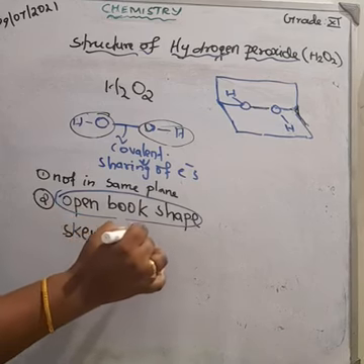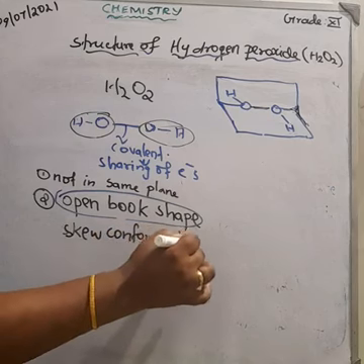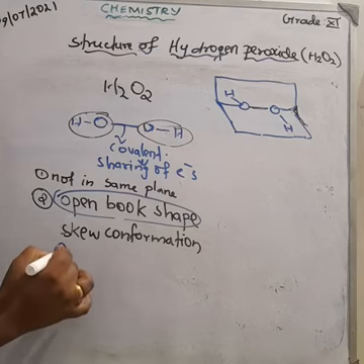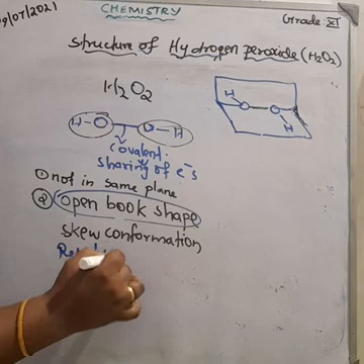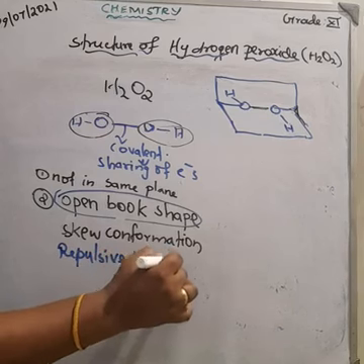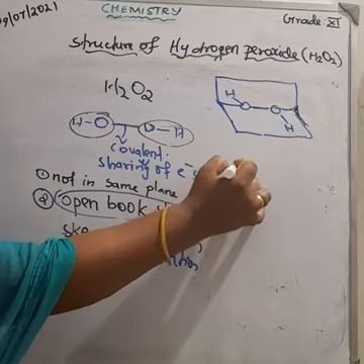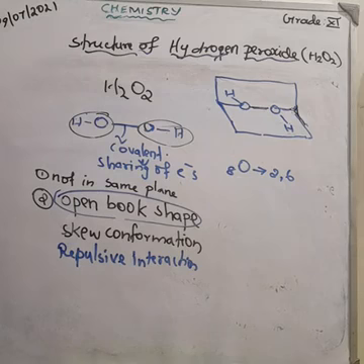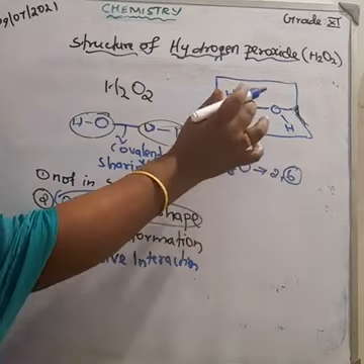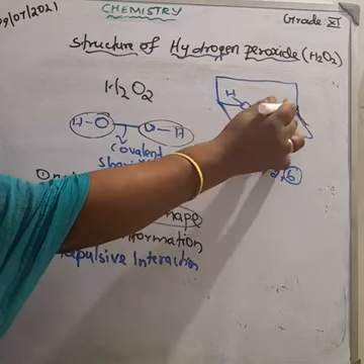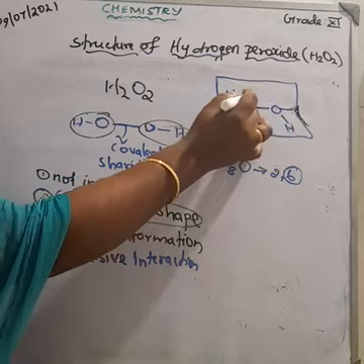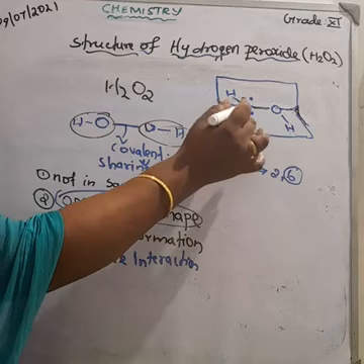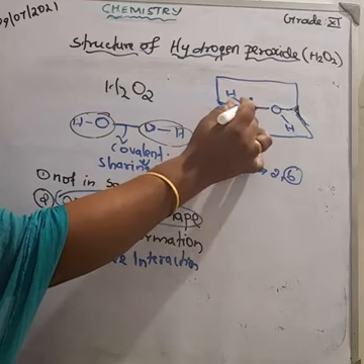What is the atomic number of oxygen? 8. What is the electronic configuration of the oxygen atom? 2,6. How many valence electrons does the oxygen atom have? 6 valence electrons. Four of them are shared in bonds, and 2 electrons are not involved in any bond formation, so we call this a lone pair of electrons.